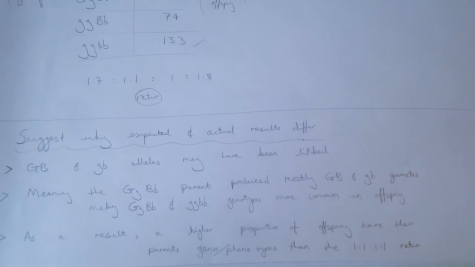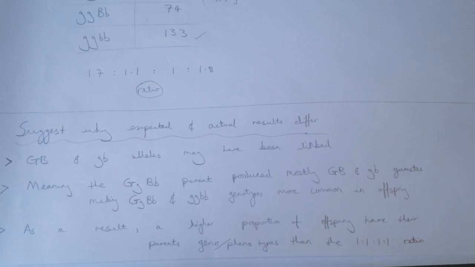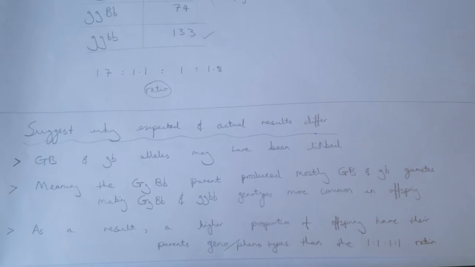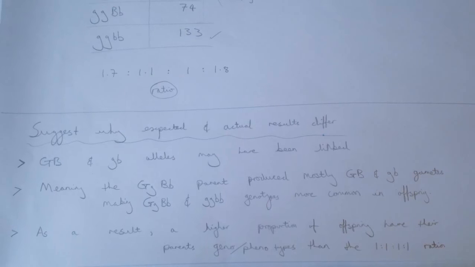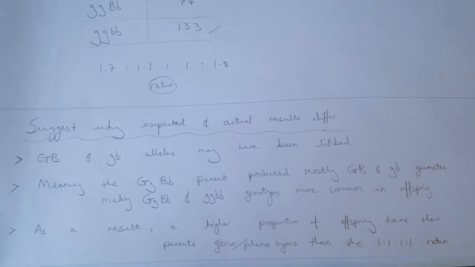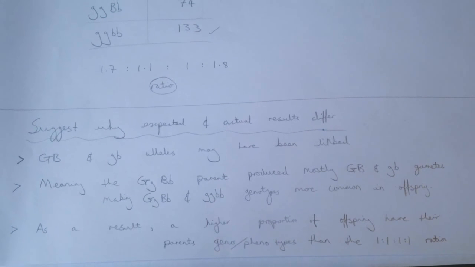So if you wanted to maybe take a screenshot of that, that's quite helpful, and that could range from 3 to 5 marks depending on how much detail they require you to go into.